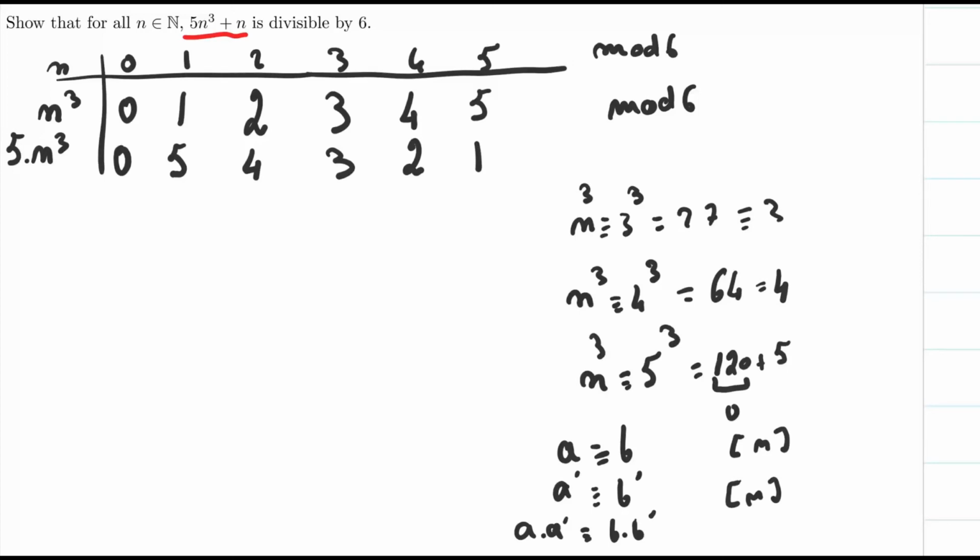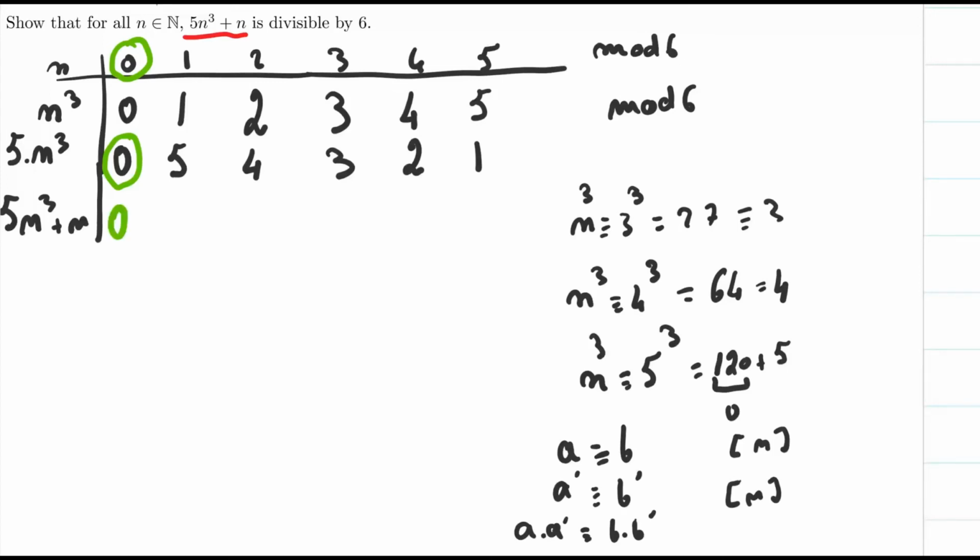And now I want 5n cubed plus n. 5n cubed plus n is congruent to what modulo 6? In the case where n is congruent to 0 modulo 6, 5n cubed is also congruent to 0 modulo 6. So 5n cubed plus n is congruent to 0 plus 0, which is 0 modulo 6.